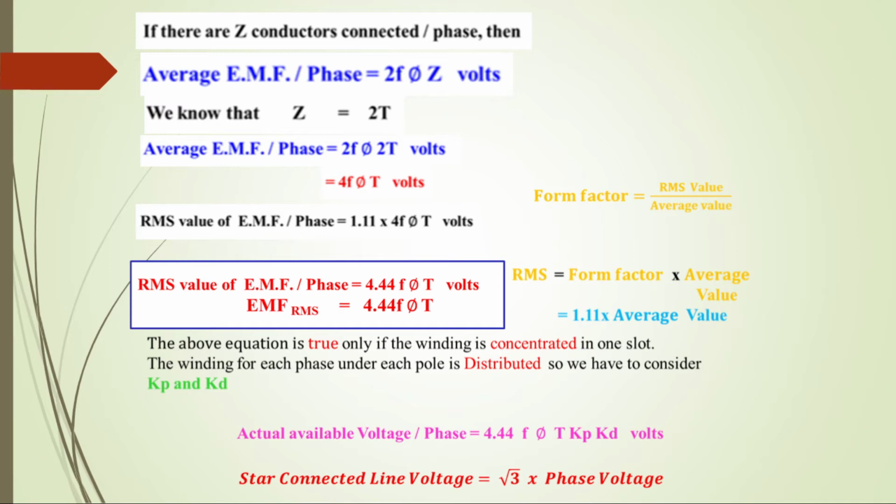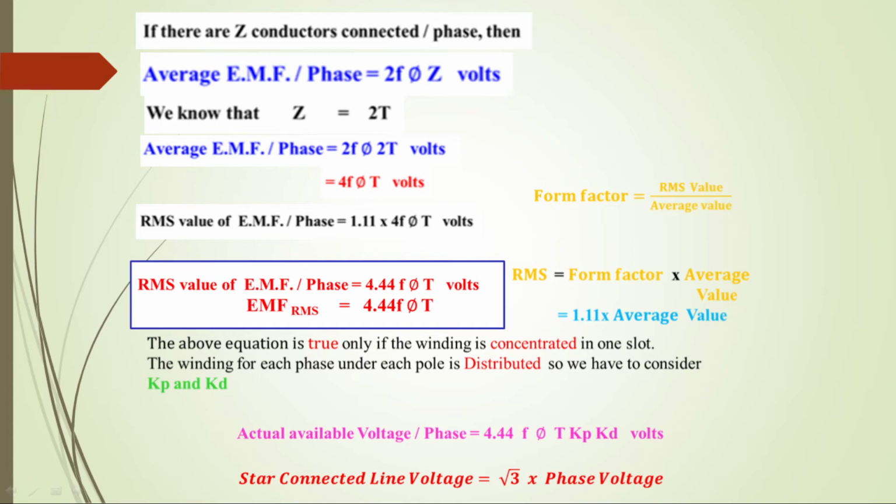So Z is equal to 2T we know. So substitute the value of Z equal to 2T in the above equation. So we are going to get average EMF per phase as 2 f phi 2T, that is 4 f phi T. So this is average value. I want RMS value. So RMS will be equal to 1.11 times average value, that is 1.11 into 4 f phi T. RMS value of EMF per phase is 4.44 f phi T volts.